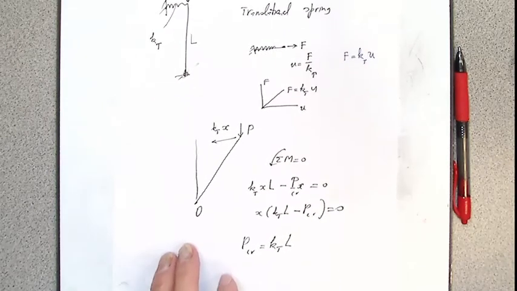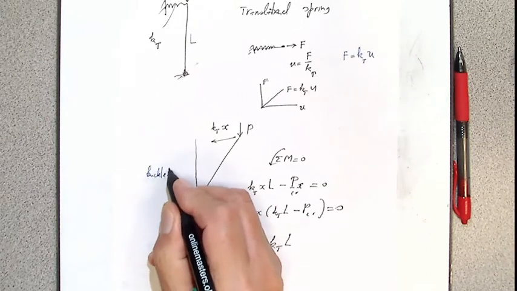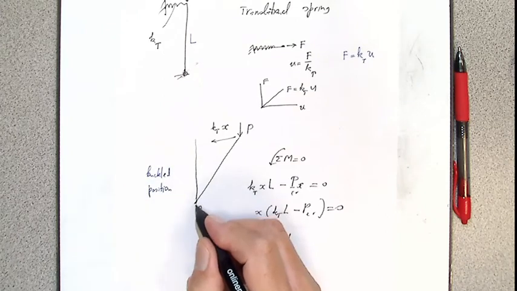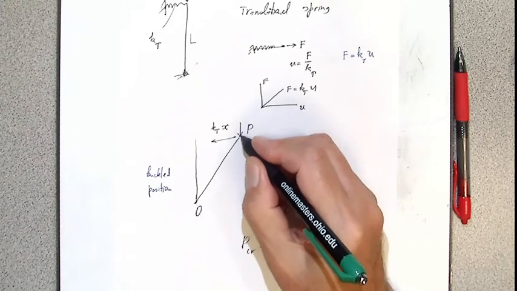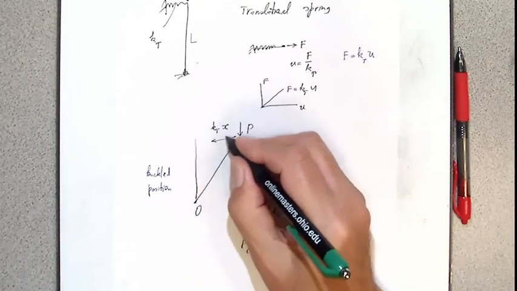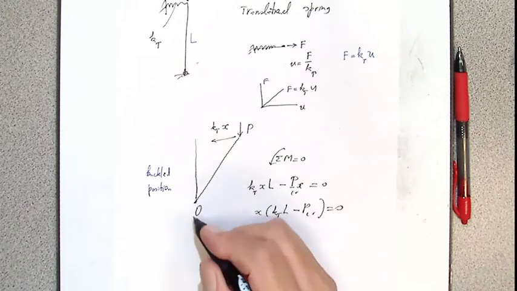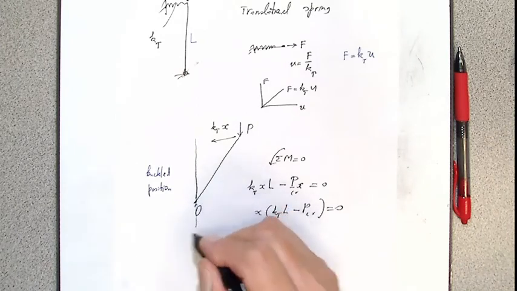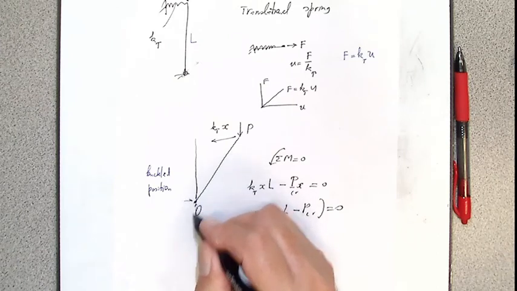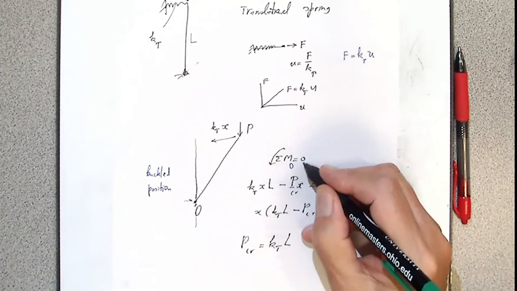Okay, then pay attention, that is a buckled position. That is 0, so there is this load, and then the spring load will be K translational X, that is this displacement. So I again take the sum of the moments. Naturally there is this load here and the load here, but if I take the moment with respect to this point, all these loads give me 0 moment. Sum of the moments with respect to O equals 0.